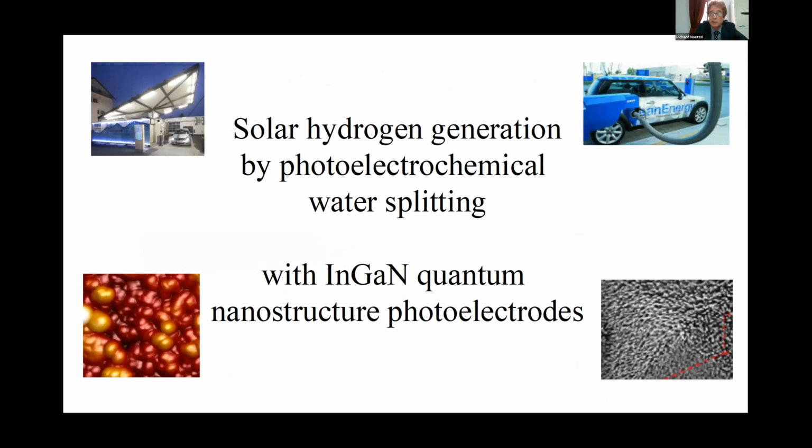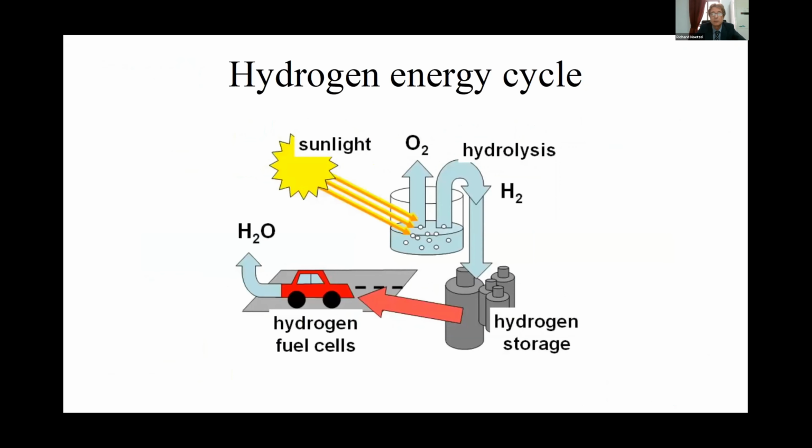Let me start with solar hydrogen generation by photoelectrochemical water splitting using these indium gallium nitride quantum dot nanostructure photoelectrodes. This is the hydrogen energy cycle. Well, we start with sunlight, which shines on the electrode.